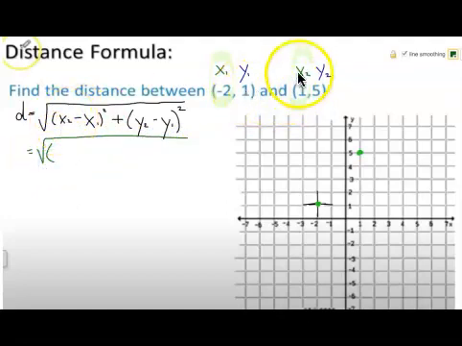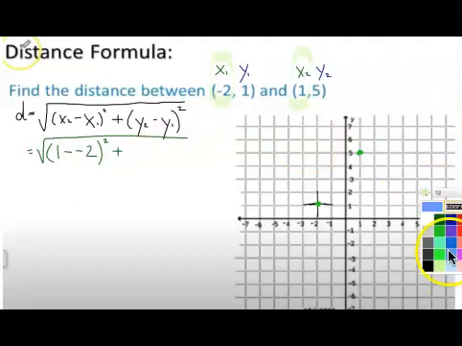Our second x coordinate is 1, and then we're going to subtract from it -2. Notice that there's a double negative there. It's really important that we remember we're subtracting the x coordinates. So if we have a negative, we're going to have a negative number. We'll have a double negative because this is a -2 and we're subtracting the -2. It's a double negative.